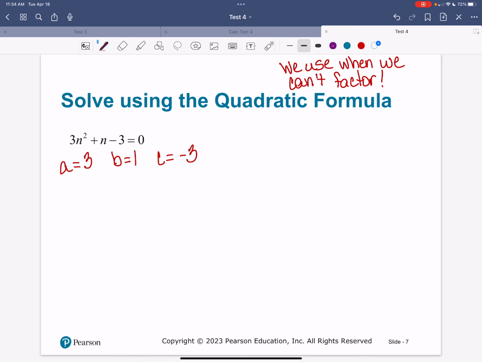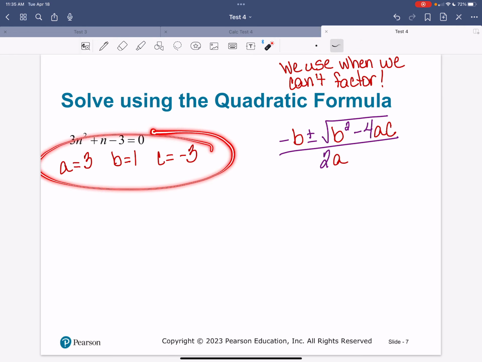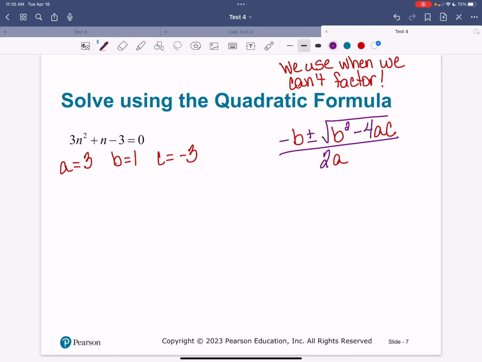Now, I've got negative b plus or minus the square root of b squared minus 4ac. Everything in red, I've got to plug in based on this right here. The purple part is the part of the formula.